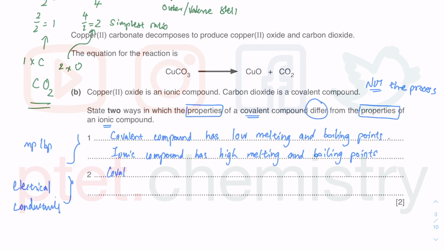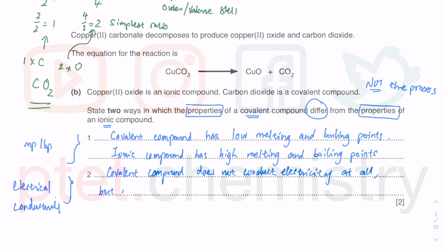Those who didn't do the complete checklist, that means you did not completely revise no matter how long you spent on revision. If you do not complete the checklist from the syllabus, you are not doing an effective revision at all. Covalent compound does not conduct electricity at all, whether solid, liquid, gas or aqueous.